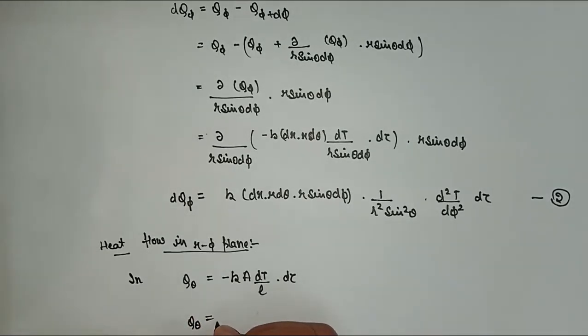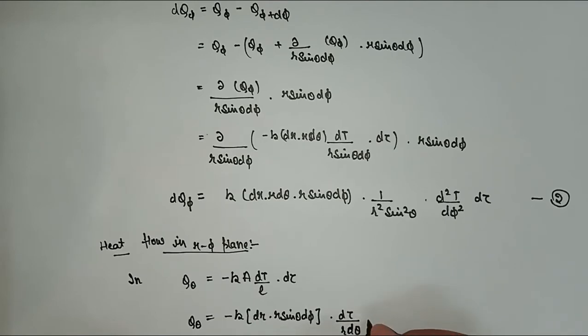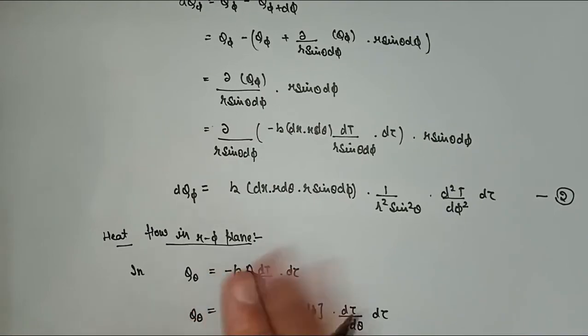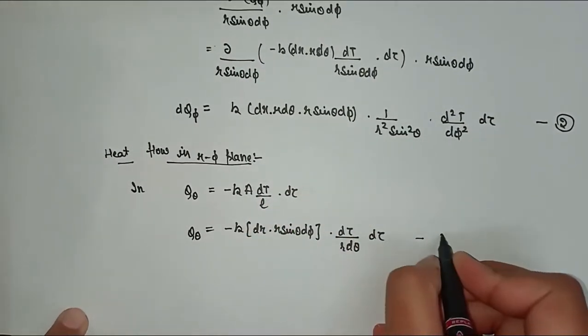Substituting the values, we will get Q theta equals minus K dr into r sin theta d phi into dt upon r d theta into d tau. Let's mark this as equation 3.